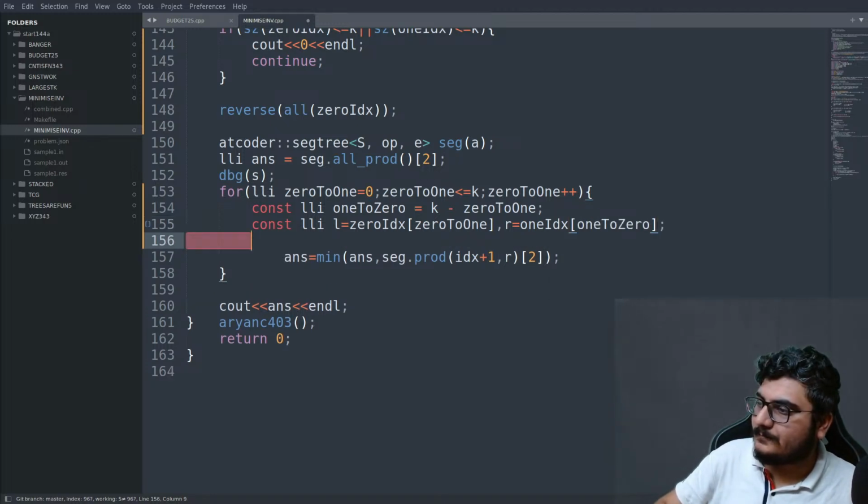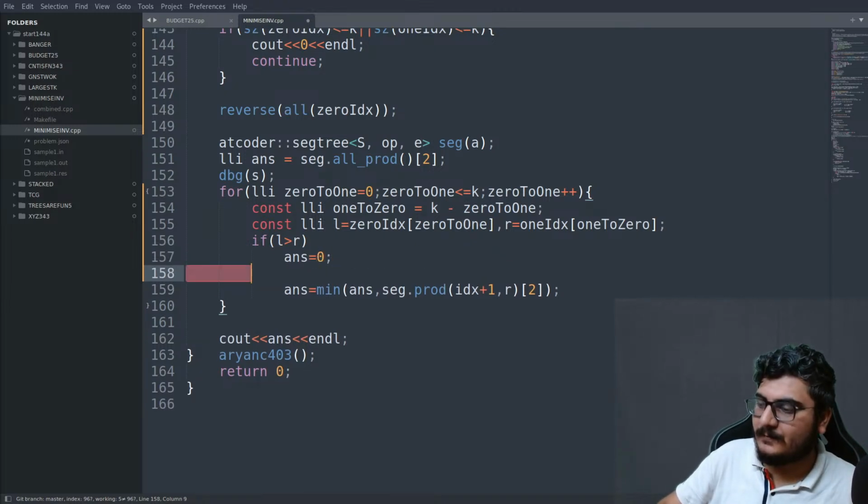If this left part is right, then the answer is 0.